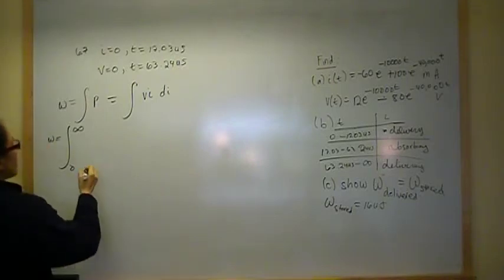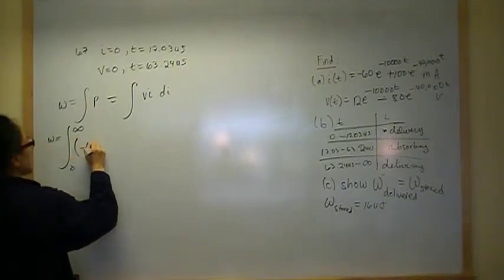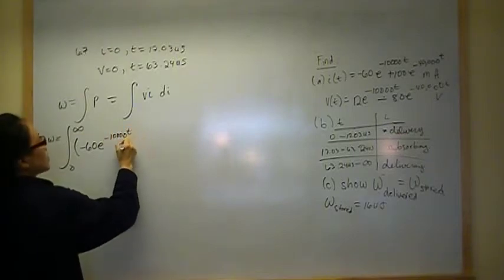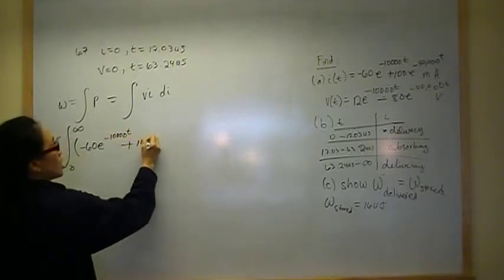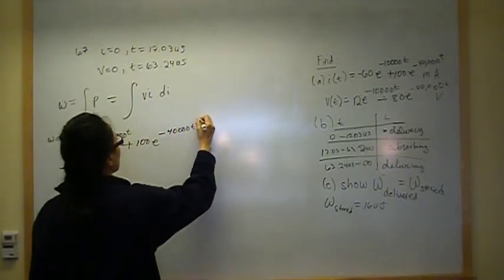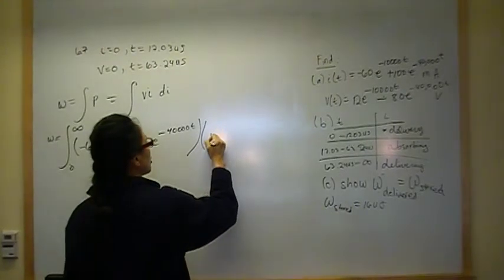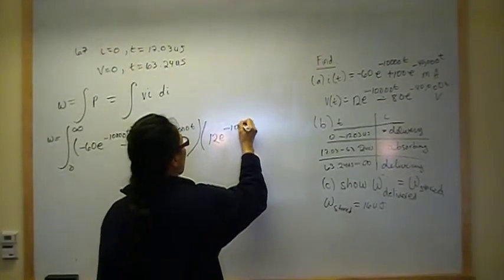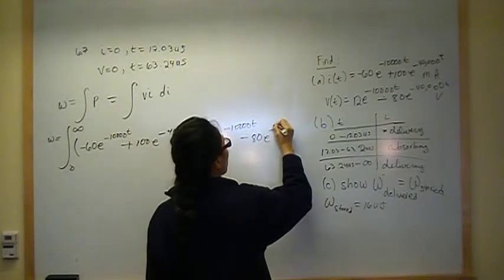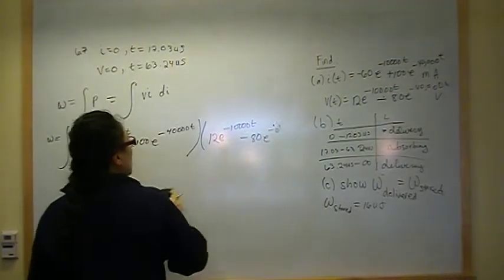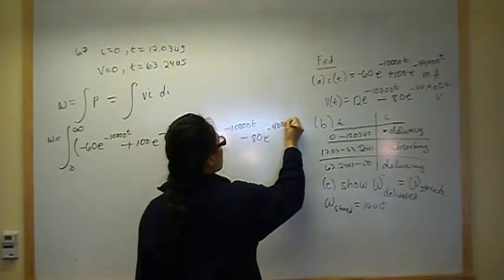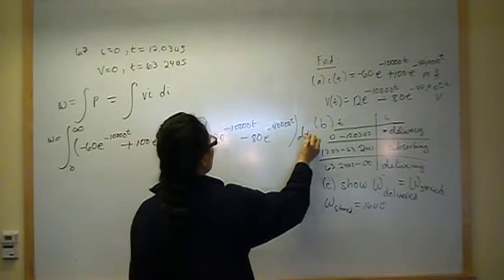So we've got here's current, negative 60 e to the negative 10,000 t plus 100 e to the negative 40,000 t, times voltage, 12 e to the negative 10,000 t minus 80 e to the negative 40,000 t, dt.